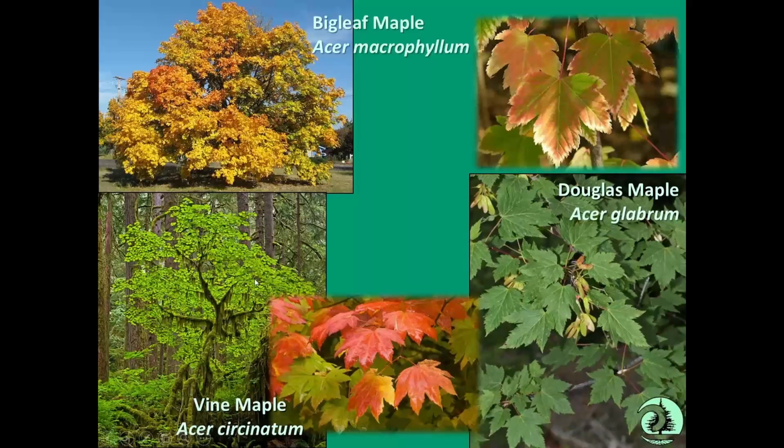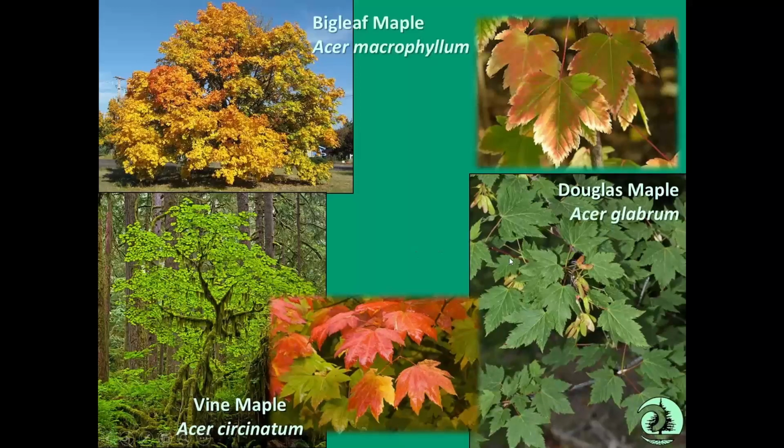All right, so then we have vine maple down here. And this is one that we see beautiful fall color from. It's a much shorter growing deciduous tree, anywhere from 10 to 30 feet. And it grows well in full sun to partial shade and can do well in dry to even somewhat moist sites. So this one can kind of be planted in a variety of different conditions.